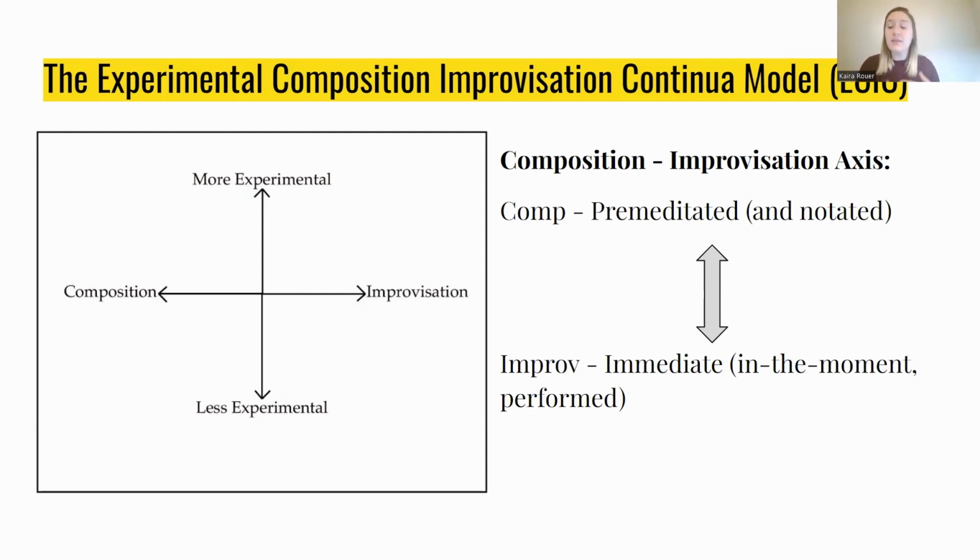And that would be the immediate in the moment performance that would rely on a lot more contingencies generally, but also has a level of unexpectedness, not just from the audience who may have never heard such a performance, but also from the performer who is using their intuition and their kind of gut feelings to create a piece of work.